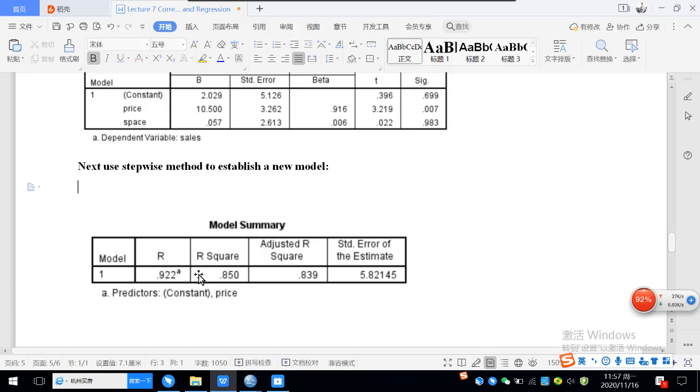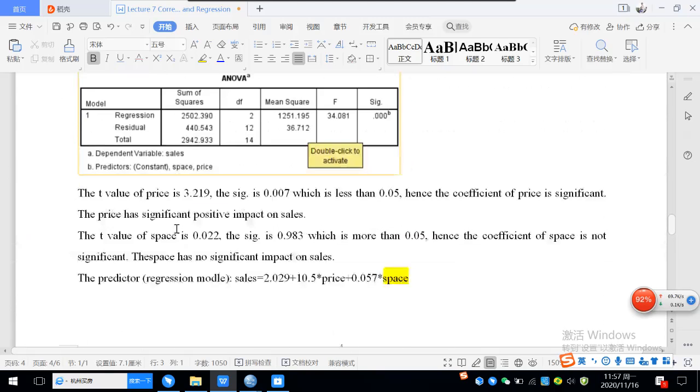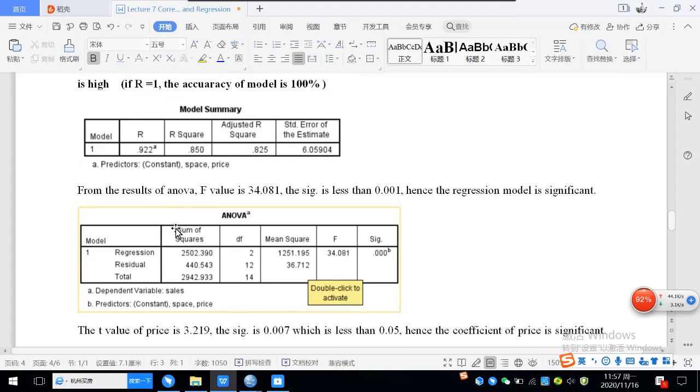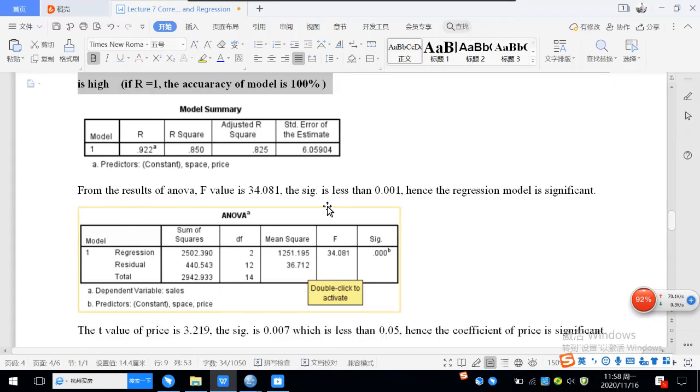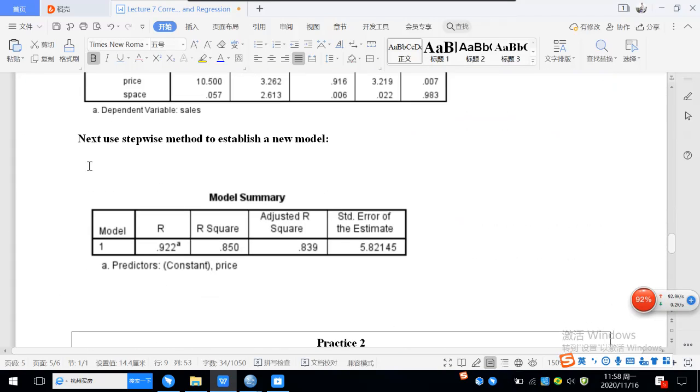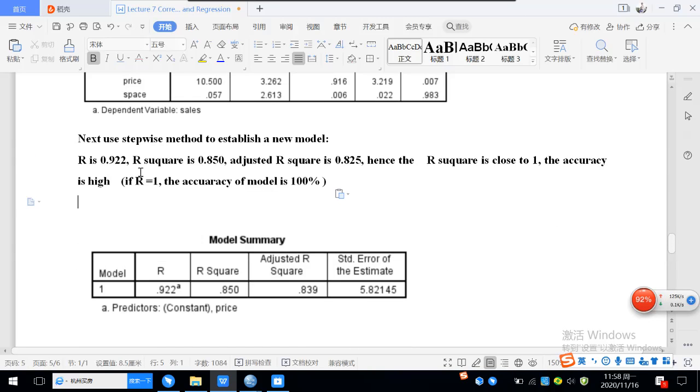Okay, here still the R is 0.92. The R square is 0.850 and adjusted R square is 0.839. So you can see the adjusted R square is increased, right?